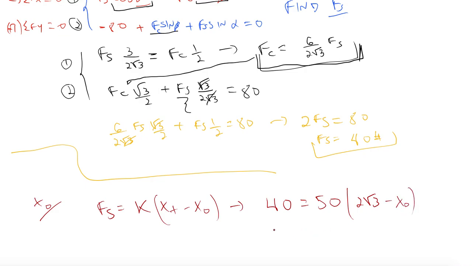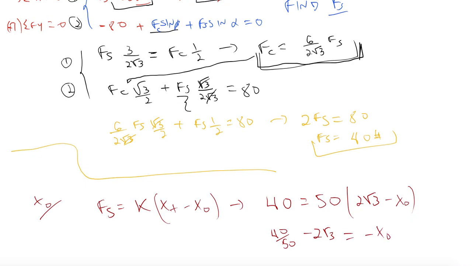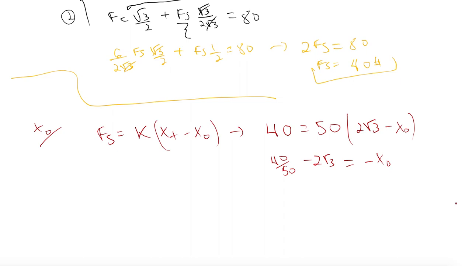Awesome. Easy enough. So 40 over 50 minus 2 square root of 3 equals minus x naught. So x naught is going to be, let me just do it real quick. Sorry, completely unprepared, but that's fine. That's the good stuff. All right, looks like we got it. 2.66 feet. x naught.